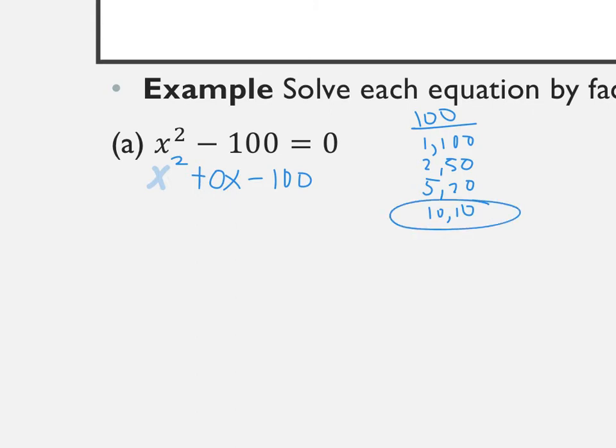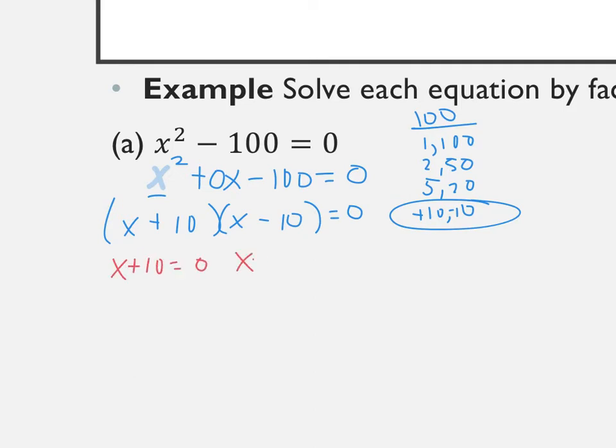Well, hopefully you recognize it's positive 10 and negative 10. So when we set up our parentheses, we'll have our x and our x to get the x squared, and we just insert the plus 10 and the minus 10. And now we're ready just to set each of those factored pieces equal to 0. And we have x equals negative 10 and x equals positive 10.